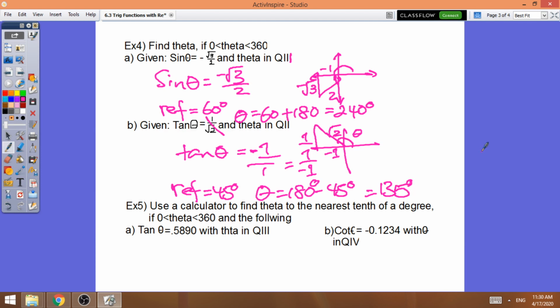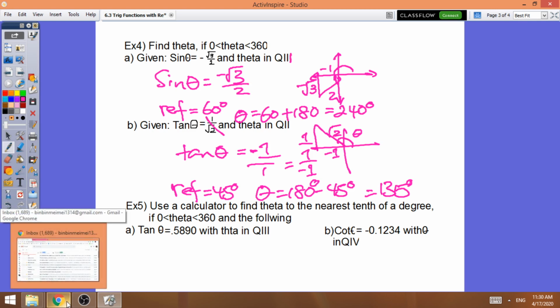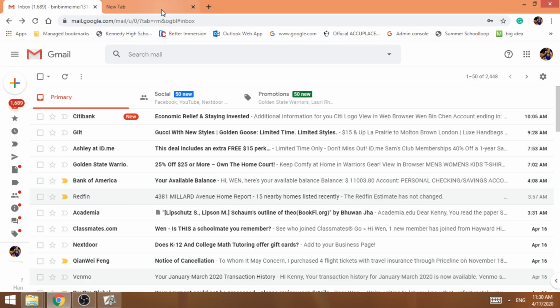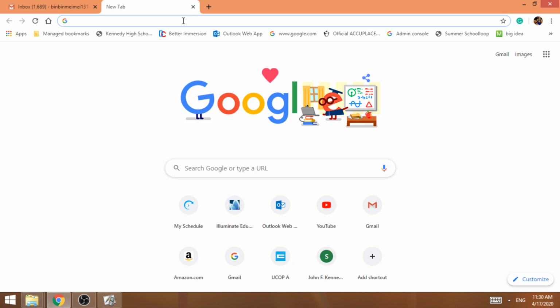Okay. And then for the rest of this, you want to use the calculator. Now, got to be careful with the ratio that's given. Okay, let's try to do this one. Let me just demonstrate one of the problems here. So I need to pull out the Google calculator.